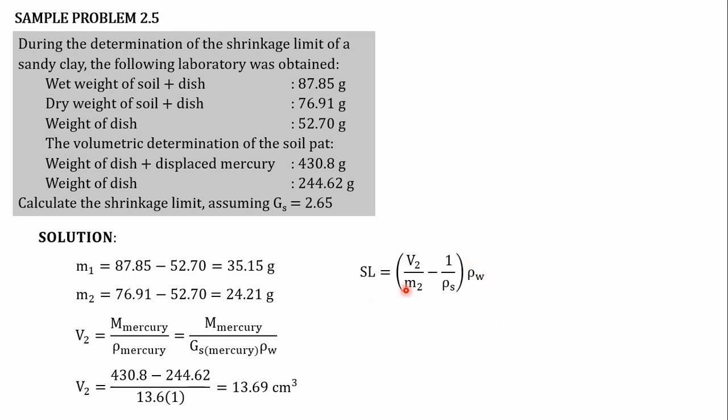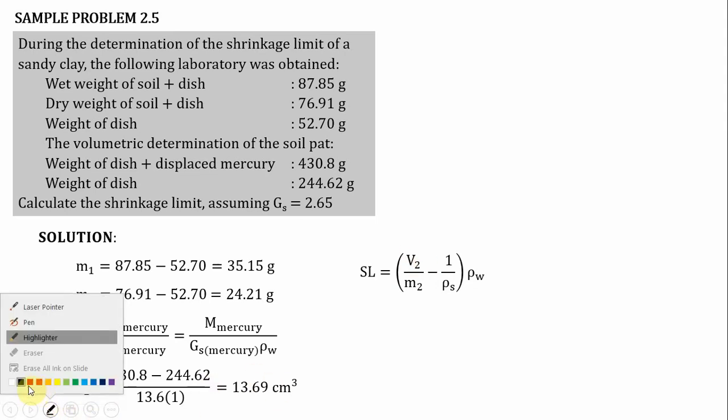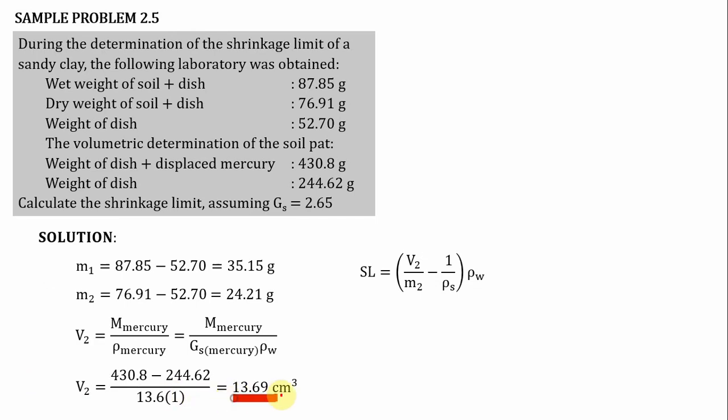To solve that, class, we have V2, which is 13.69. Our M2, class, is 24.21. For the specific gravity of solids, we will use 2.65. There is an error here, class.